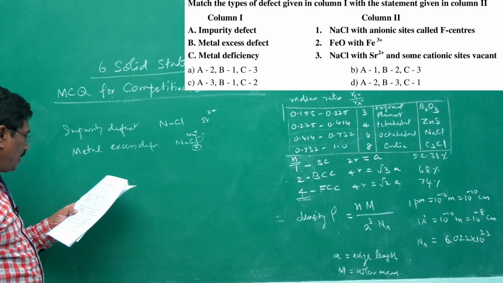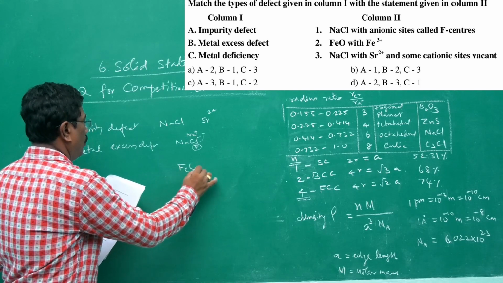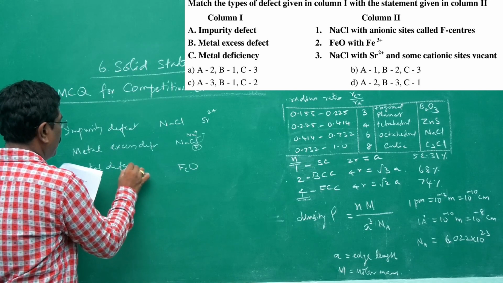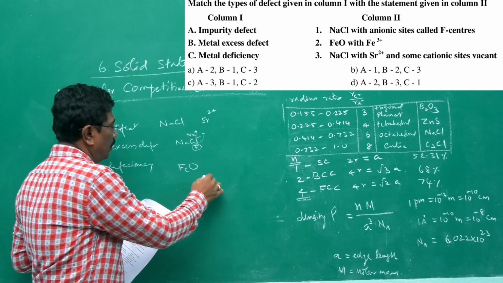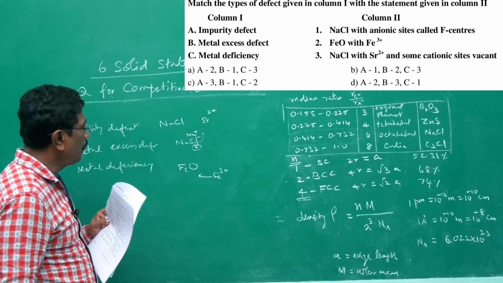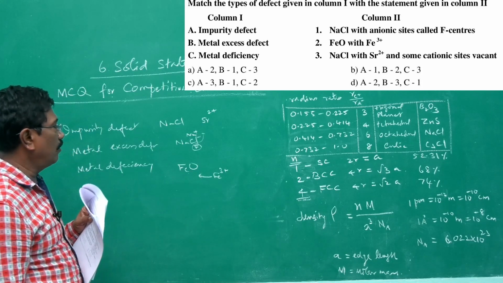And then the metal deficiency defect. It is due to FeO. Metal deficiency defect is due to, in FeO, if Fe3 plus is entering in, few Fe2 plus ions have to go out.